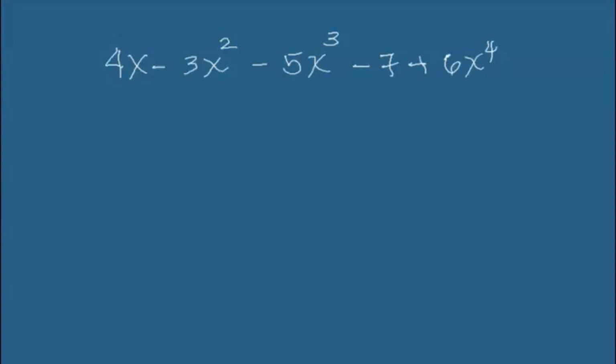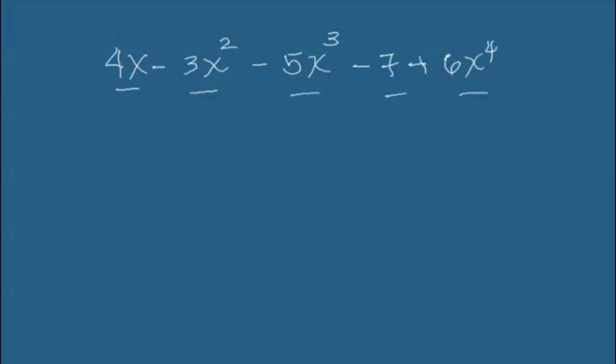So this one has 1, 2, 3, 4, 5 terms. So it's not monomial, it's not binomial, it's not trinomial, so we just simply call that polynomial. And when we write polynomials, the exponents must be in descending order.